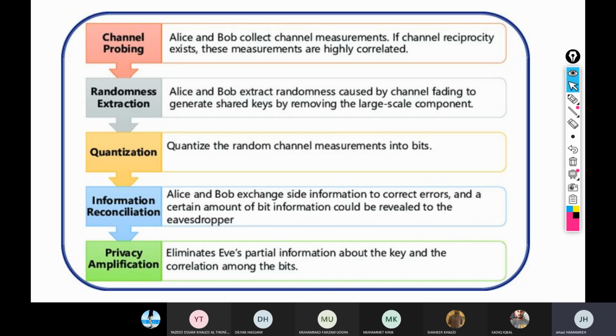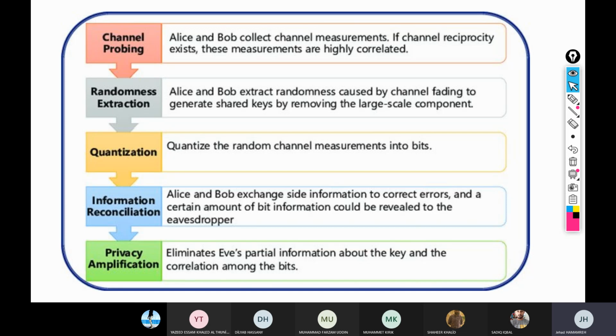This process eliminates Eve's partial information about the key and the correlation among the bits. So when you eliminate Eve's partial information, you basically make Eve more ignorant to the data sequence or the secret bits that are generated from the channel measurements.